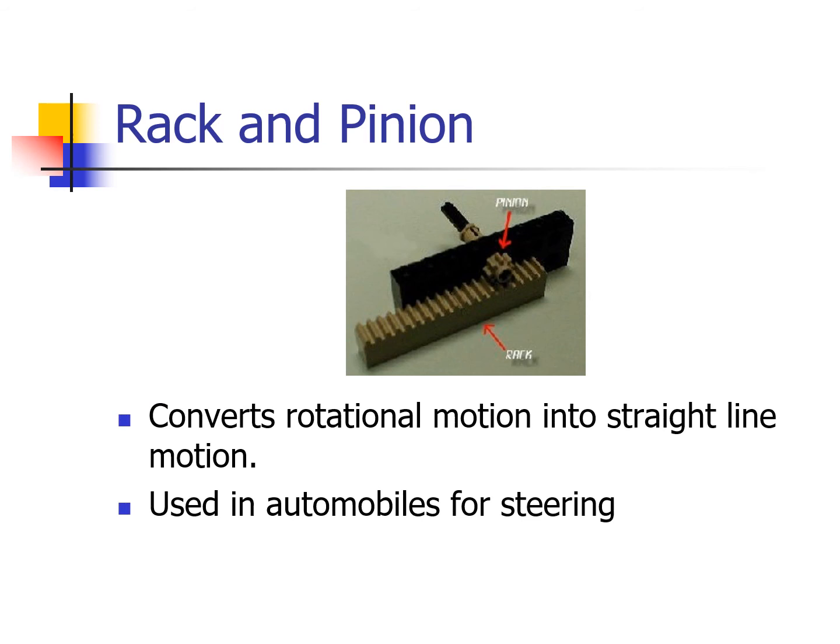So this is a picture of a rack and pinion. In a rack and pinion, I have the pinion gear and I have the rack, and it converts rotational motion into straight line motion. The device that uses rack and pinion that you're probably most familiar with is automobile steering, right?